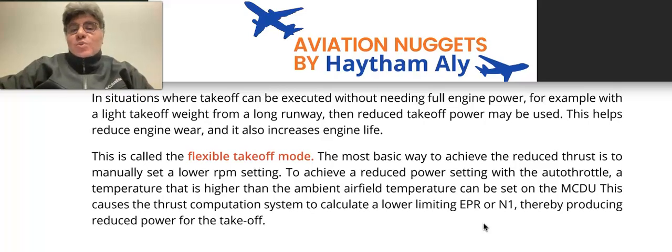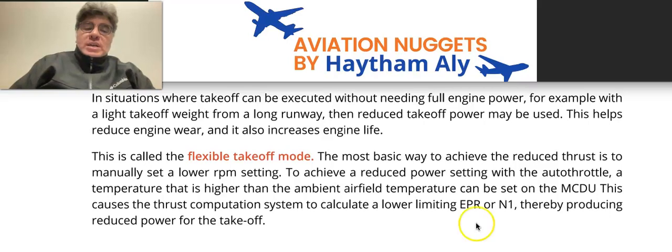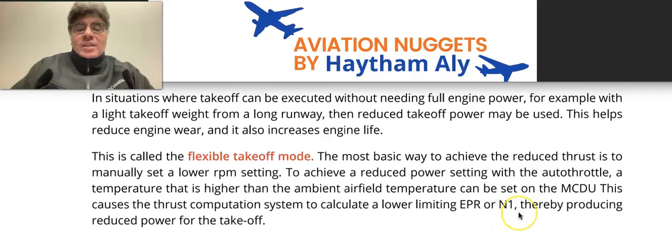For example, in the A320, the V2500 of International Aero Engines uses EBR, but on the other side, the CFM International CFM56 uses N1. So, this causes the thrust computation system to calculate a lower limiting EBR or N1, thereby producing reduced power for takeoff.